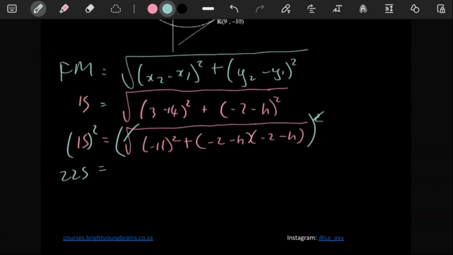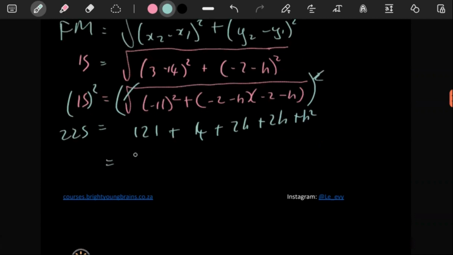-2 times -2, that's a 4. This and that, that's a positive 2h, another positive 2h, and then an h squared. Then you have here 121 plus 4, that's 125, and then 4h, h squared, 225.